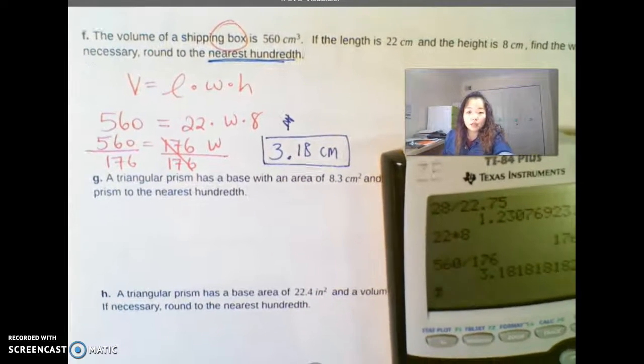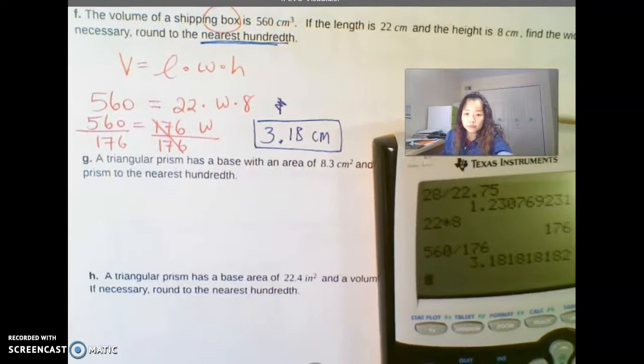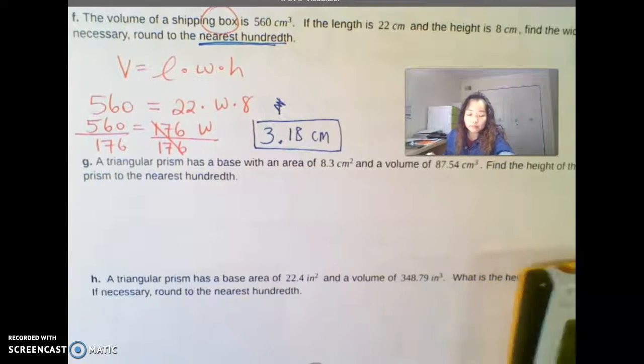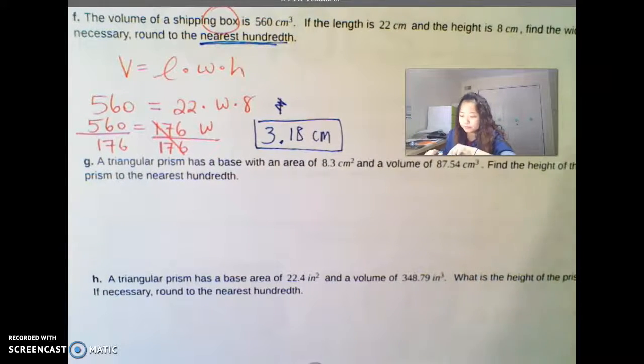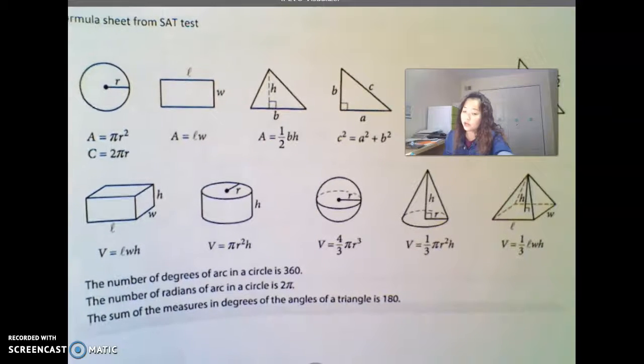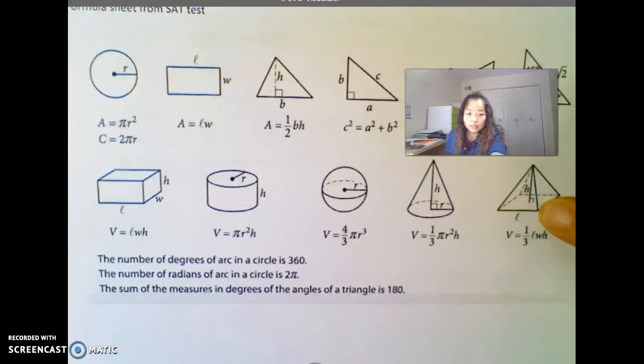Good? Oh, new shape. A triangular prism has a base with an area of 8.3 and a volume of 87.54. Find the height. Now, if you notice the formulas from SAT, there is no triangular prism. This is a pyramid, it's not a triangular prism.